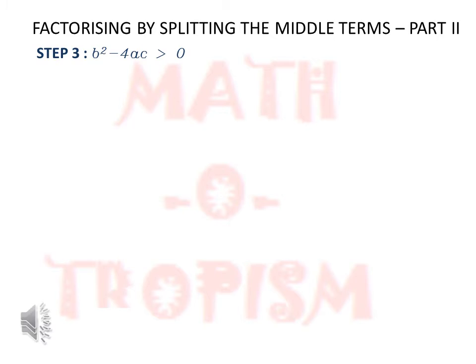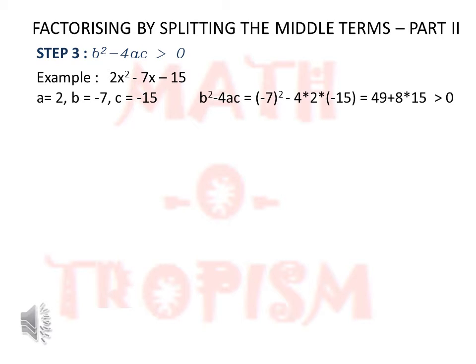Example, 2x square minus 7x minus 15. Here A is 2, B is minus 7 and C is minus 15. So first we need to do B square minus 4AC. So minus 7 square minus 4 into 2 into minus 15 is going to give me 49.